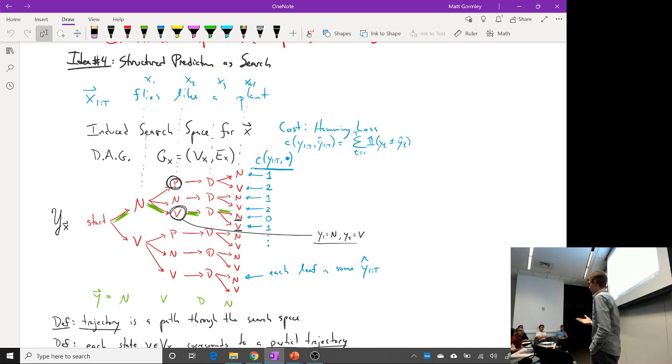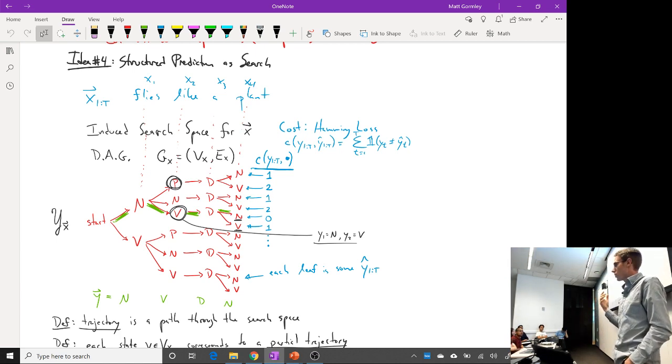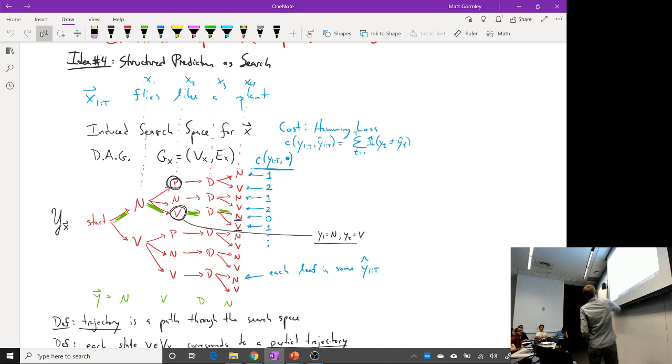And so the question is, how could we construct a score for one of those partial tags? One way of going about that would be to use a linear model where we have some features of that path, and then we just have a weight vector. To get the score, we just take the dot product of the features with the weight vector.